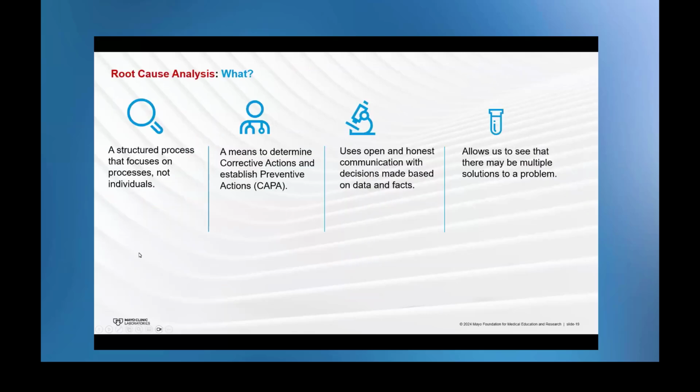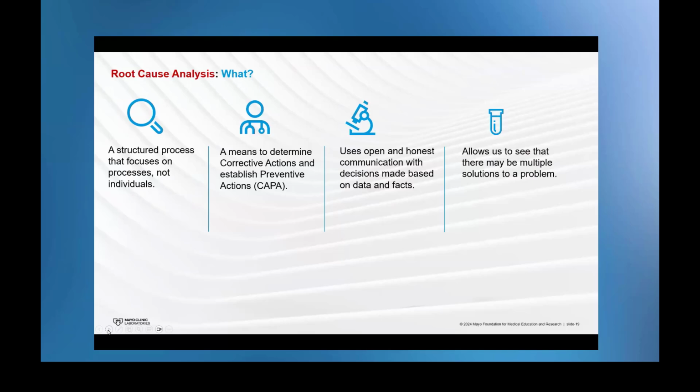Okay, root cause analysis. Let's switch gears a little bit and start out with what is it exactly? It's structured, and most importantly, it focuses on processes, not people. Certainly, there were people involved, but more than likely, there was something wrong with the process that caused these events to happen. It's a means to determine what our corrective action and preventive action is.